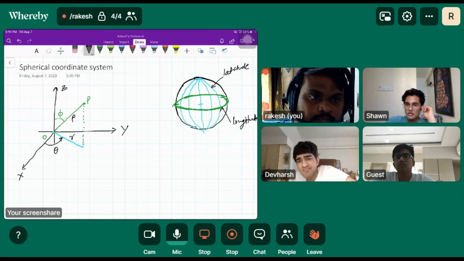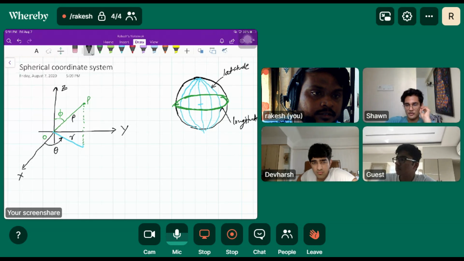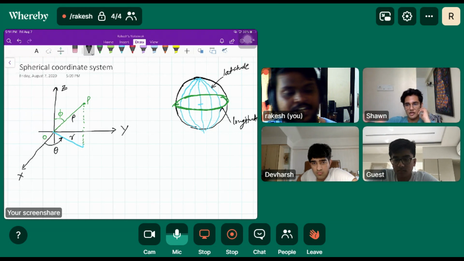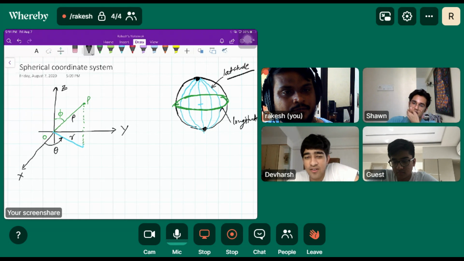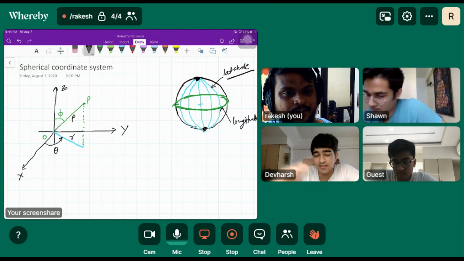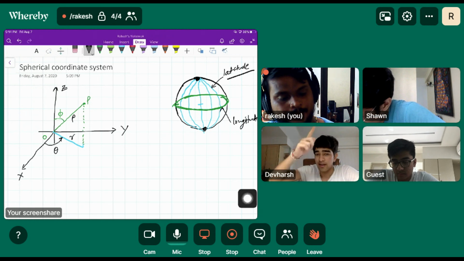Isn't it the opposite? Latitude is the horizontal one. No, latitude is connecting to the poles. No, it's wrong. Latitude is the one which is flat, and longitude are the longer lines.